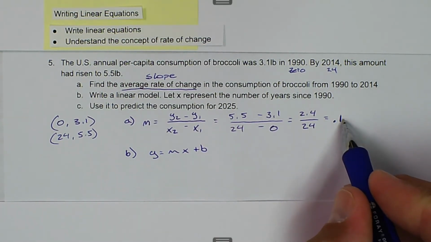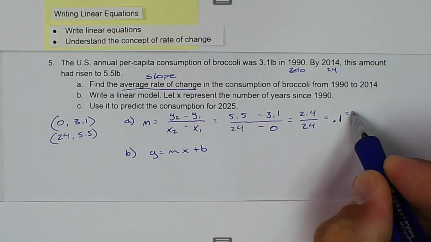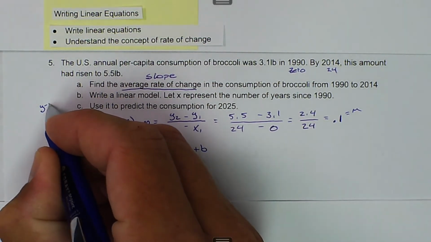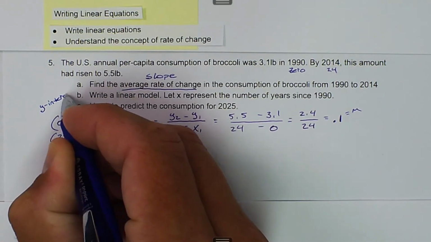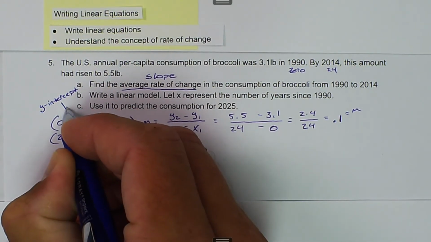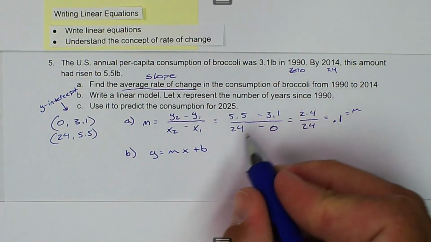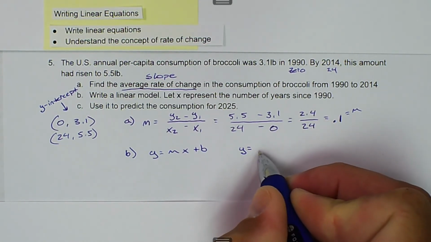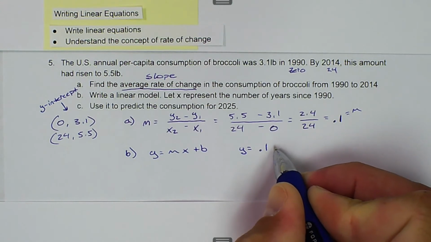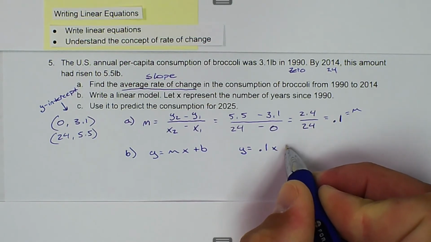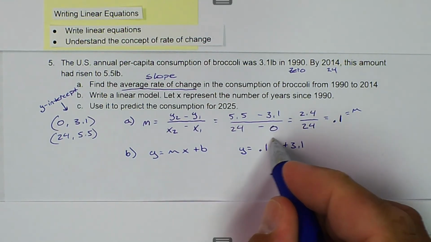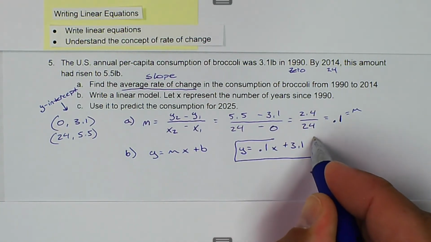Well, we just calculated m right here, so that's equal to m. And this is our y-intercept. So we have the equation made already. So we can write this as y equals m, which is 0.1, x, and then plus 3.1. So there's our equation.